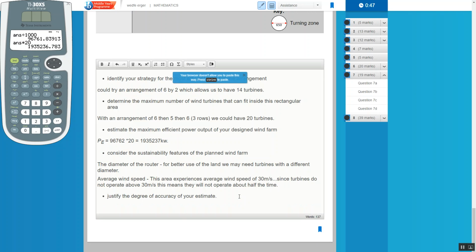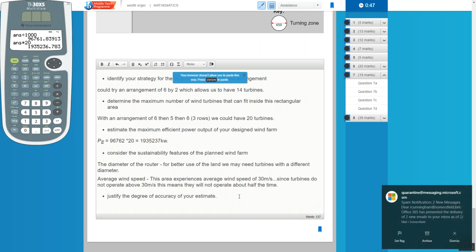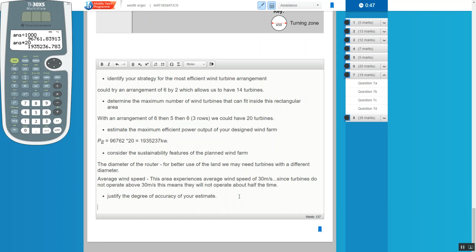Justify the degree of accuracy. So these are things like wind speed is not guaranteed. So the TE is not reliable.